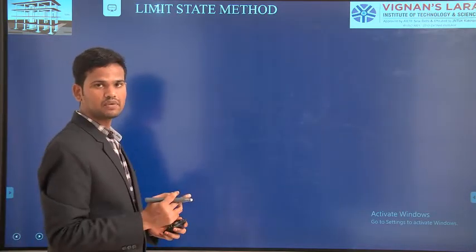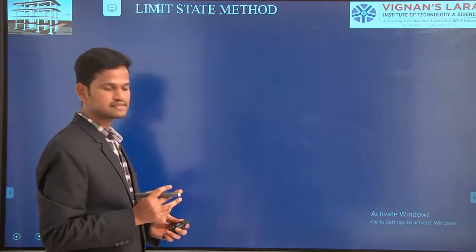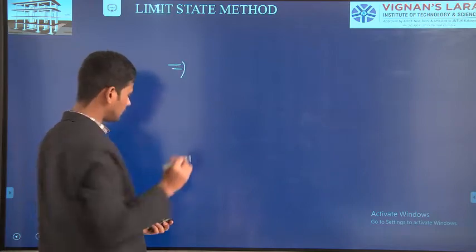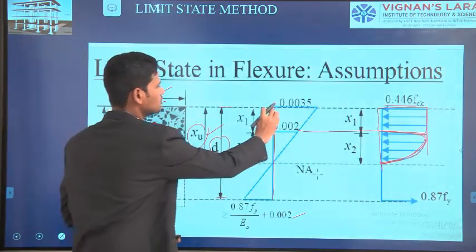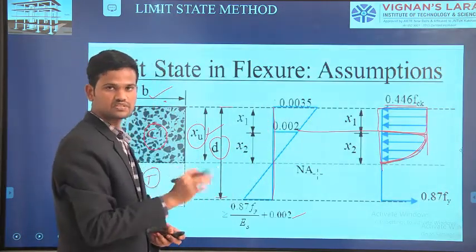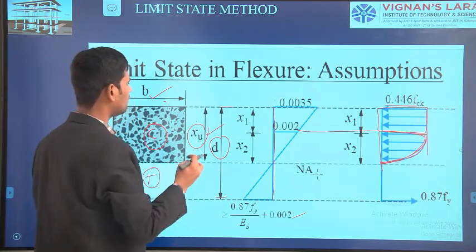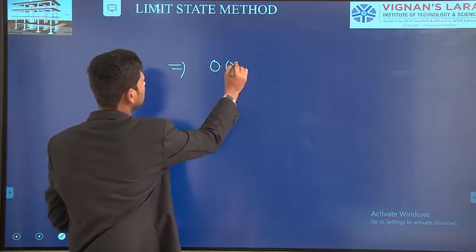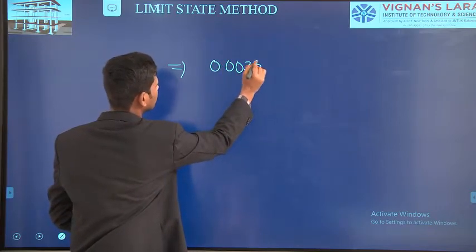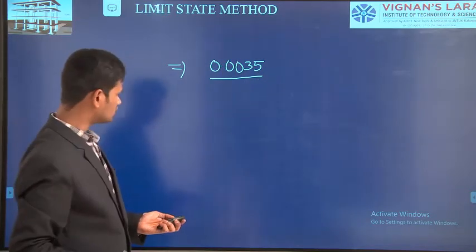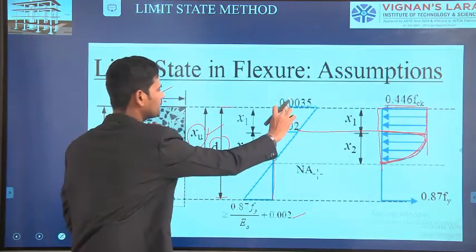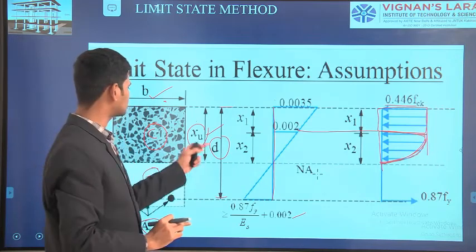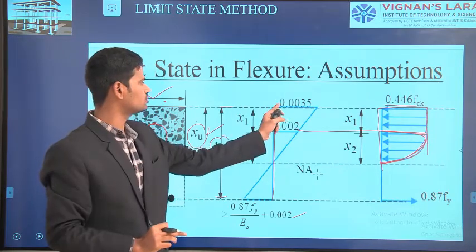Now from similarity of triangles, this is the 0.0035. I am taking this value as 0.0035 divided by XU, where XU is the total depth of the neutral axis.